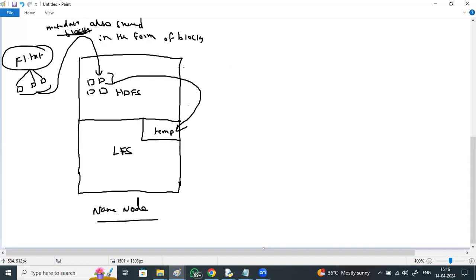Metadata is also stored in the temp folder.